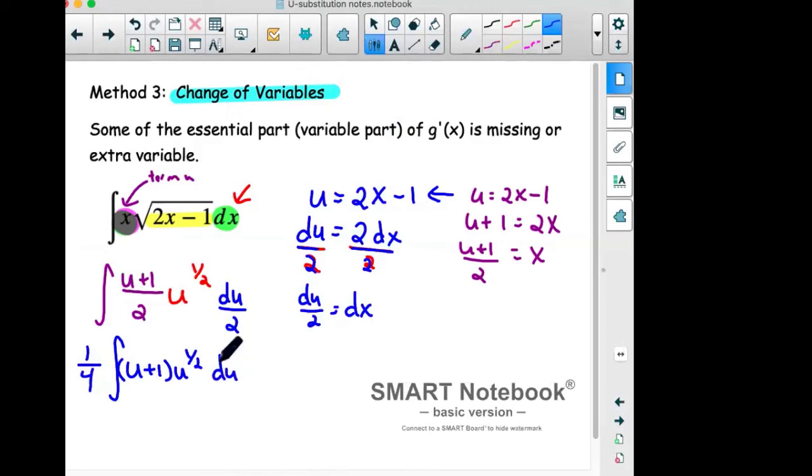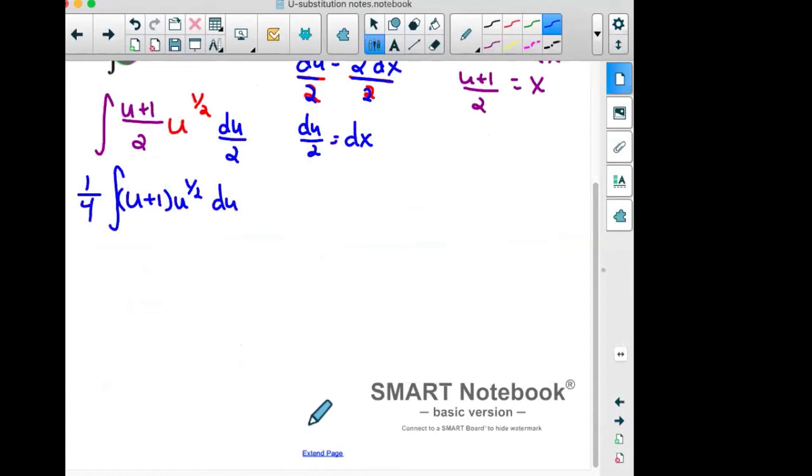So it's starting to look a little neater, but we still have another problem. I still have a product. And remember, we cannot integrate with a product. But I realize that this is not raised to any power. This product would be easily fixed by just doing my distributive property. So that's what I'm going to do next, is I'm going to take u times u to the 1/2.